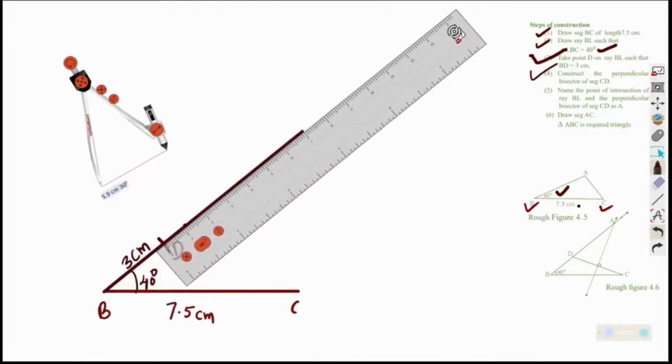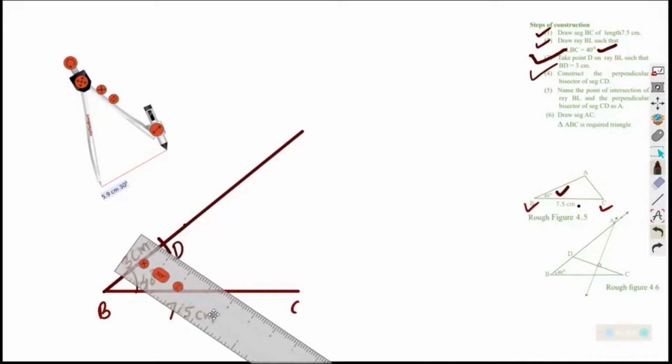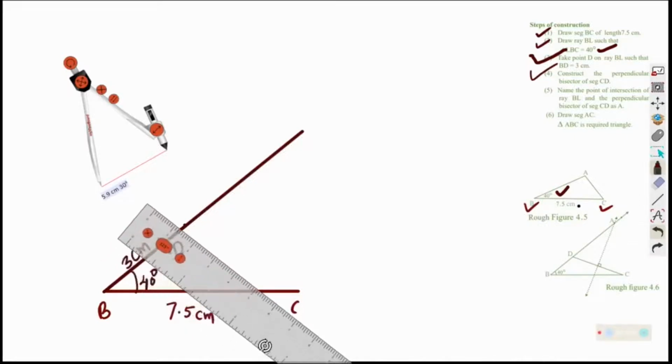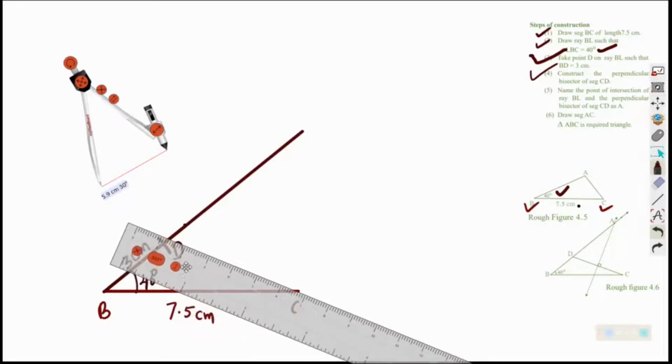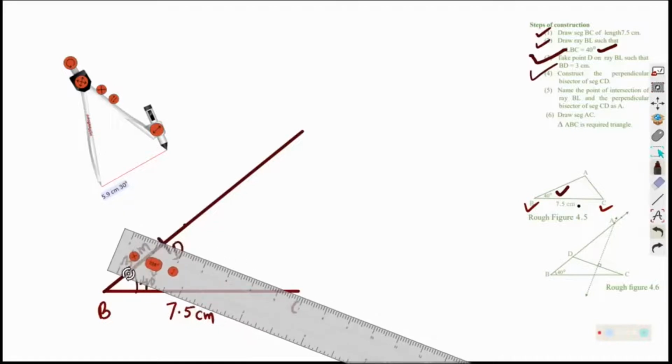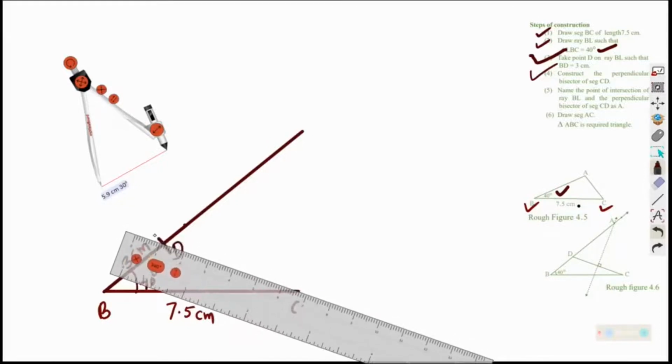For that we need the scale again. Okay, it's almost perfect.